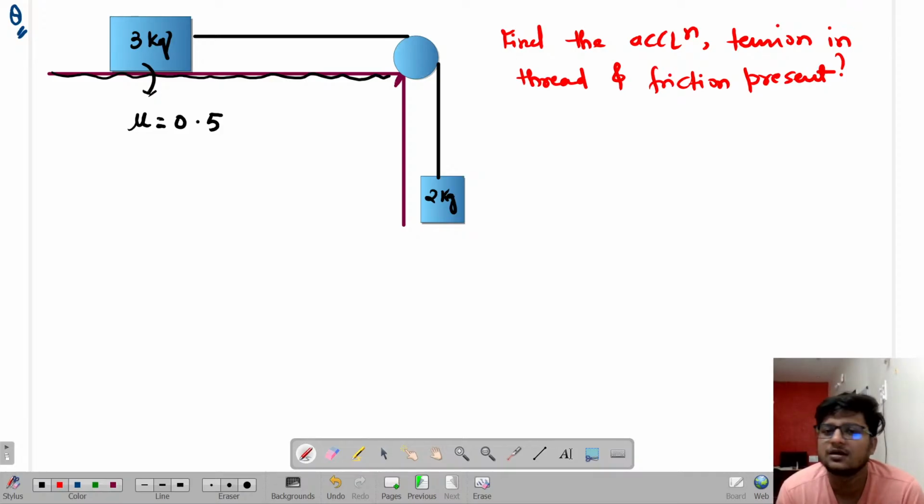That tension is 17.6 Newton. Acceleration is 8 meter per second square. Okay, a different answer has come to me. Anyone else?